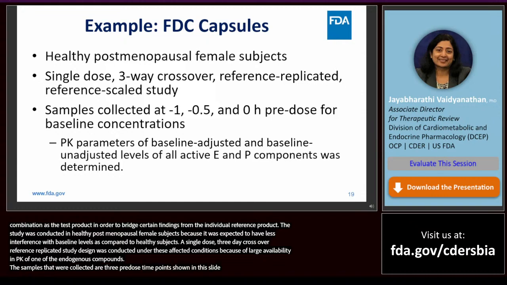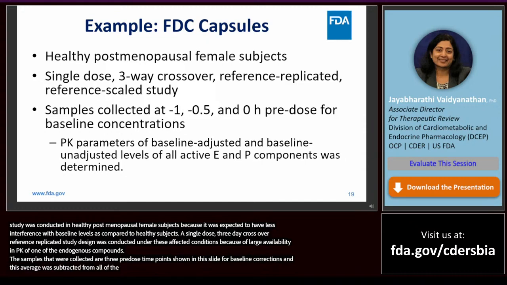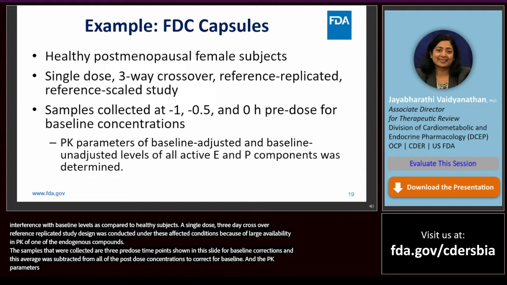And this average was subtracted from all the post-dose concentrations to correct for baseline. And the PK parameters for both baseline adjusted and unadjusted levels of all the active components were determined.